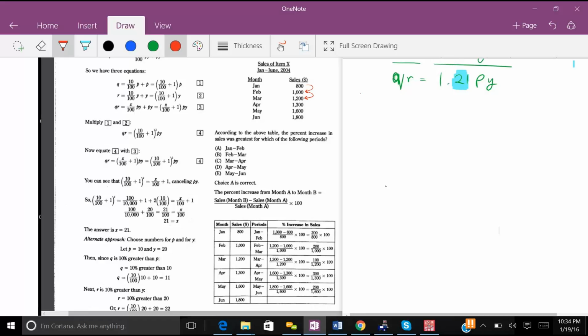Why is January to February better than February to March? Because let's say if you invest $100 and you get $200, you double your money, right? If you invest $200 and get $300 next month, you didn't double your money.